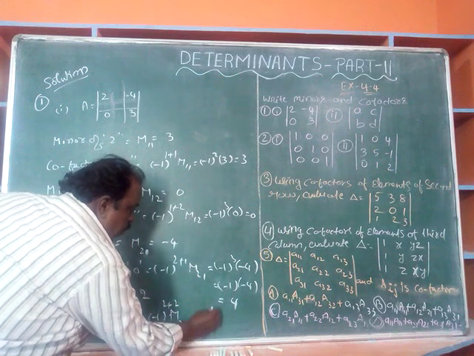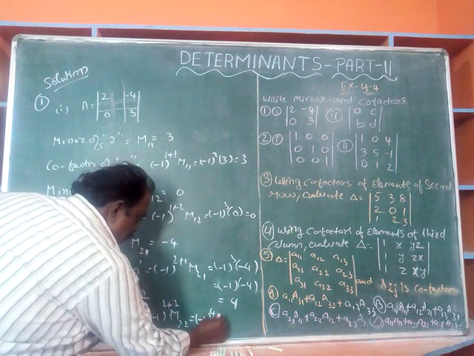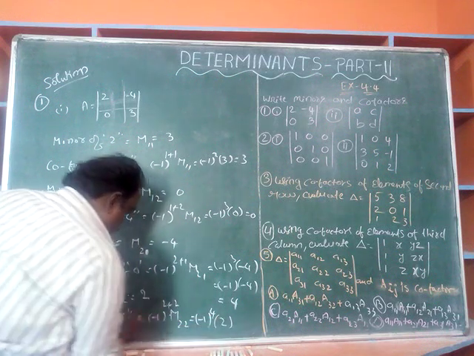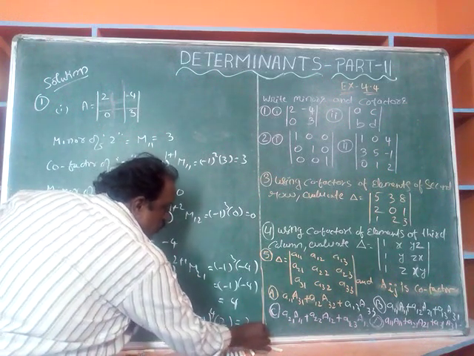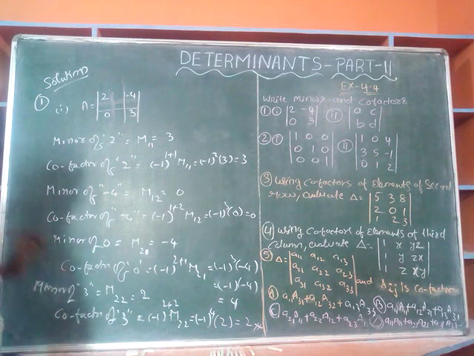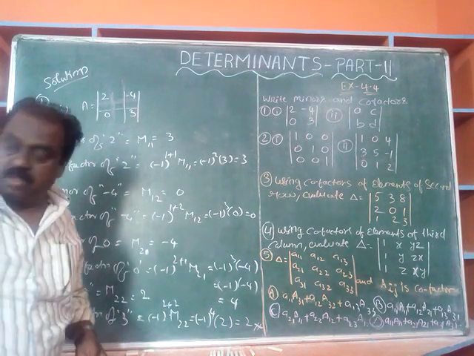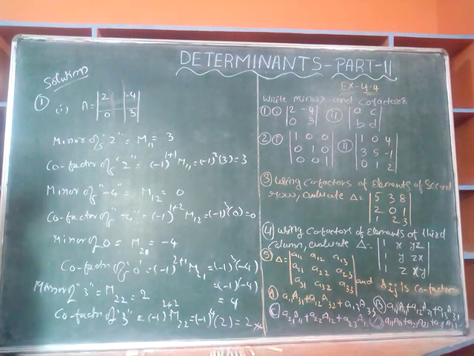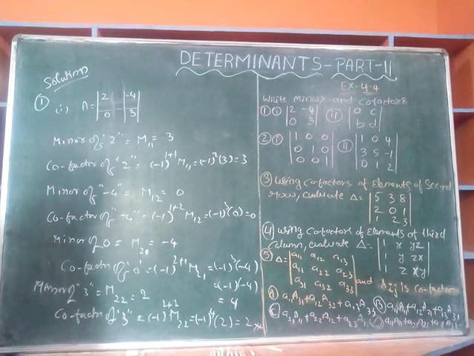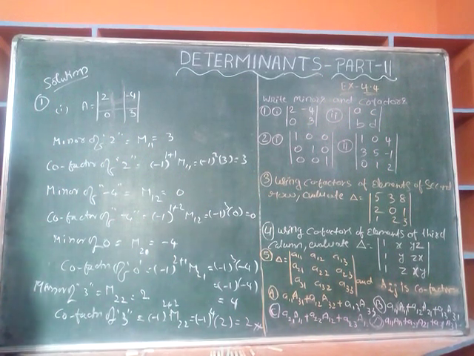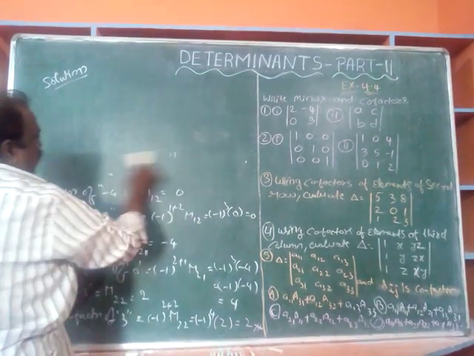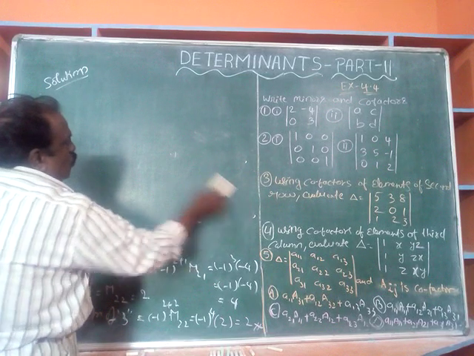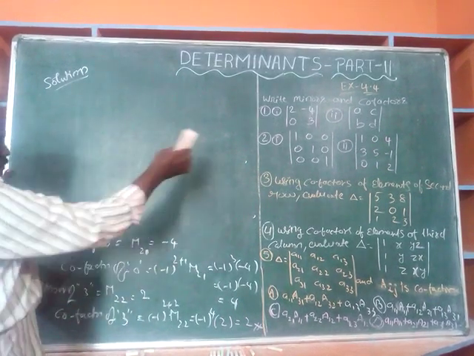That is (-1) power 4 into 2. M22 is already solved. So it is 2, because (-1) power 4 is plus 1, and plus 1 into 2 is 2. Like that, we may calculate the minor and the cofactors of a 2 by 2 matrix. It's a different one.